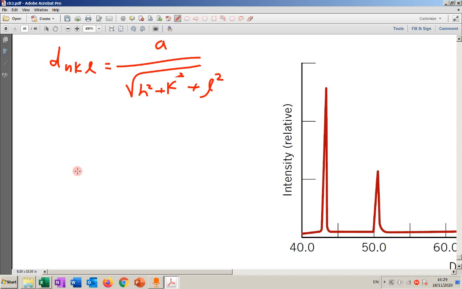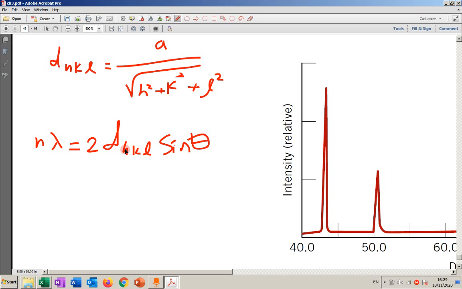Now we have another equation, which is n lambda equal to 2 d_hkl sine theta. From the XRD analysis pattern, we have theta, we have lambda, we have n.